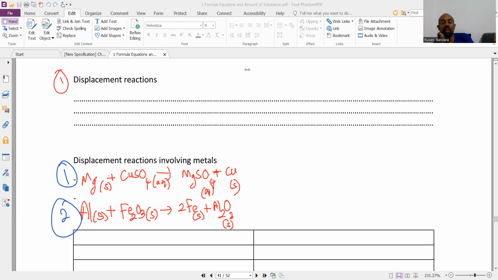No. Aluminium is more reactive than iron. Yeah, because aluminium, carbon, iron. Yes, take it.